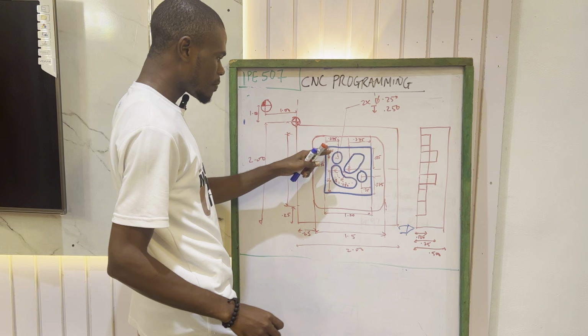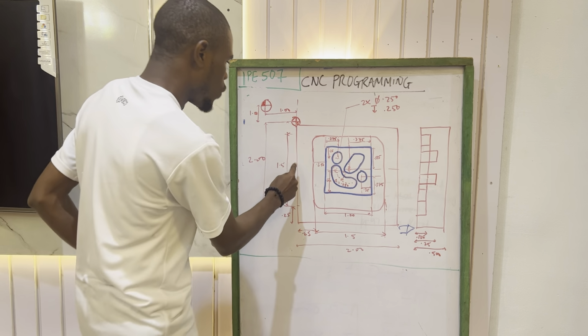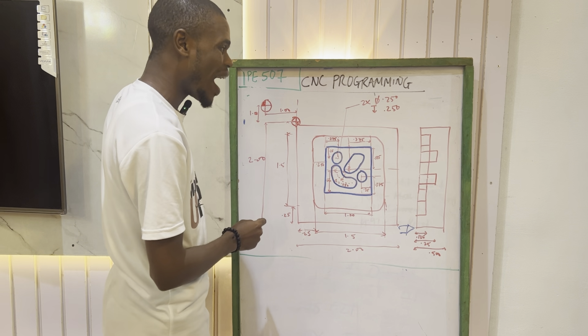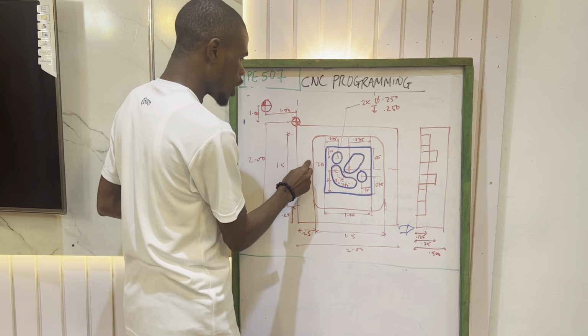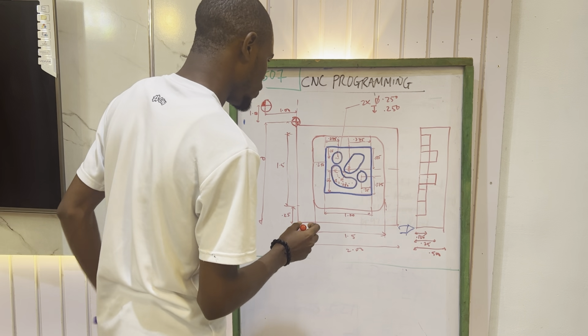This point here on the x-axis, from here to here is 0.25. Here to here is 0.25. So that will be 0.5. Oh, I'm sorry, this is 0.125, not 0.25.